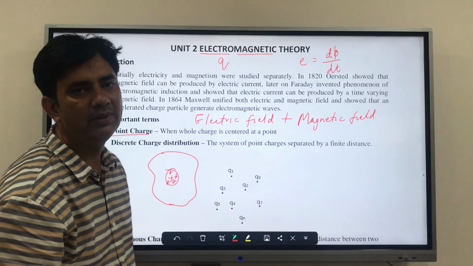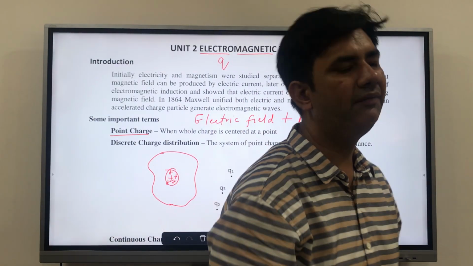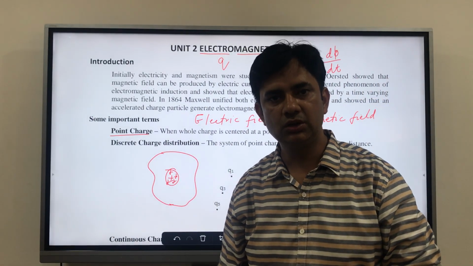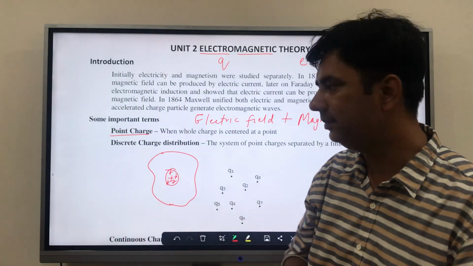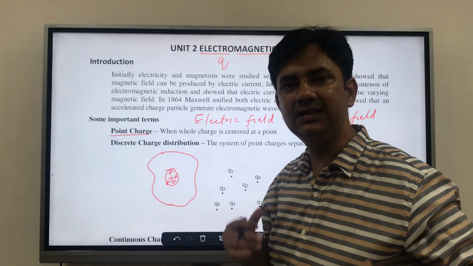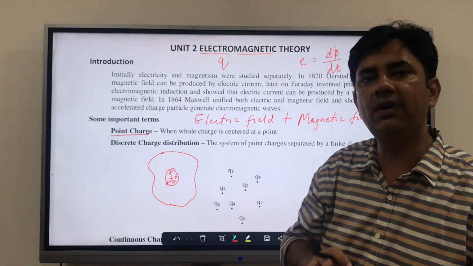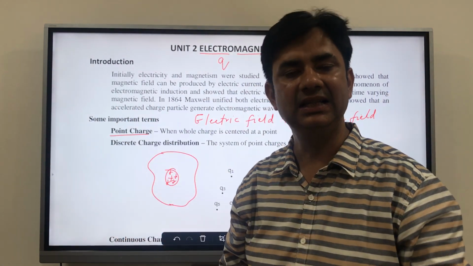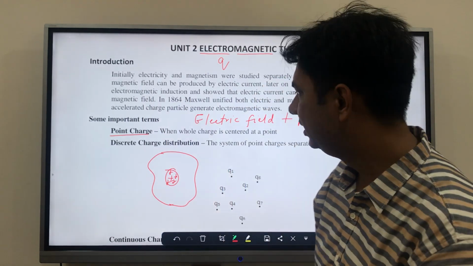This is a very important concept, as we have learned about point mass also. It is somewhat the same as a point mass, and we call it a point charge.